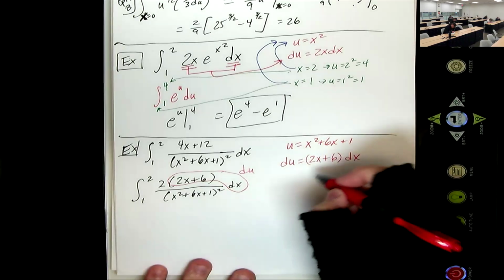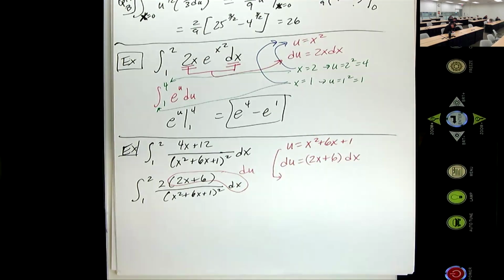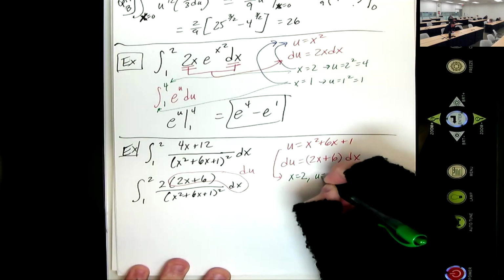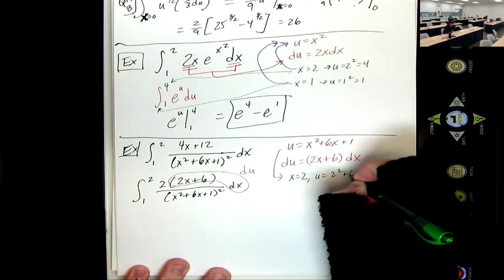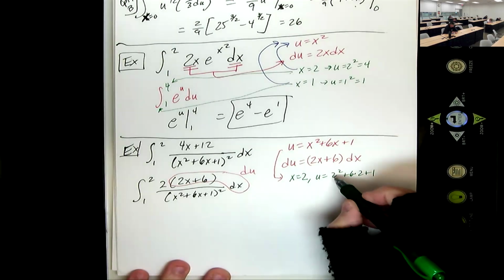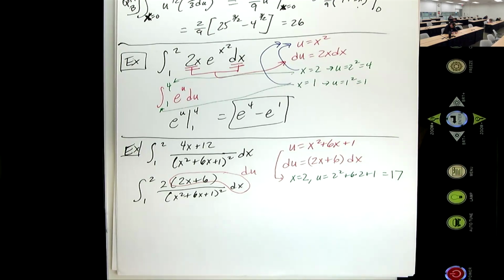Let's take advantage of our u and make our substitutions here. When x equals 2, u equals 2 squared plus 6 times 2 plus 1. 4 plus 12 is 16, plus 1 is 17.